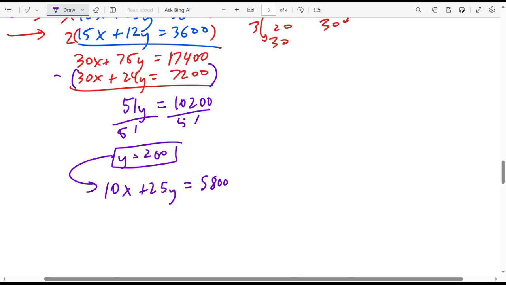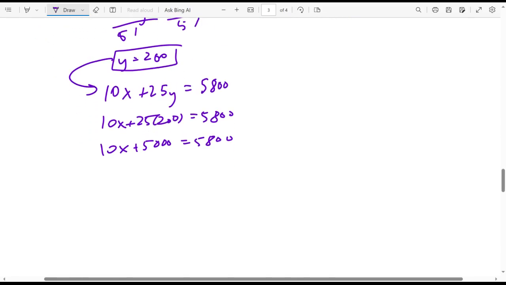So if I plug in y is 200, we can solve for what our x is going to be. So 25 times 200, 10x plus 5,000 is equal to 5,800.